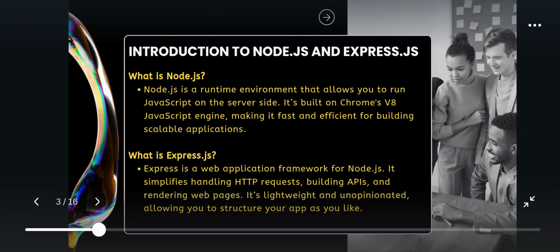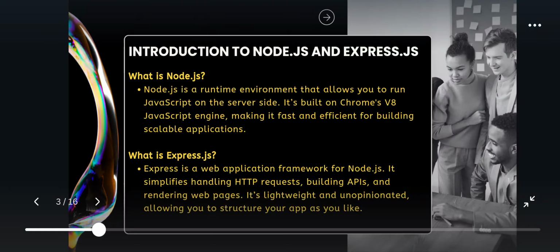It is built on the Chrome V8 JavaScript engine, making it fast and efficient for building scalable applications. To run your JavaScript you normally use the browser, but if you want to use your JavaScript code in your system, this is provided by Node.js. So you can run JavaScript in your system with the help of Node.js.